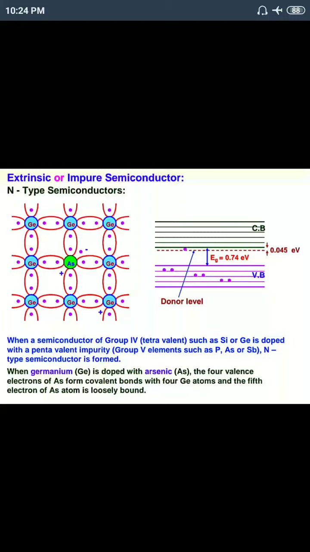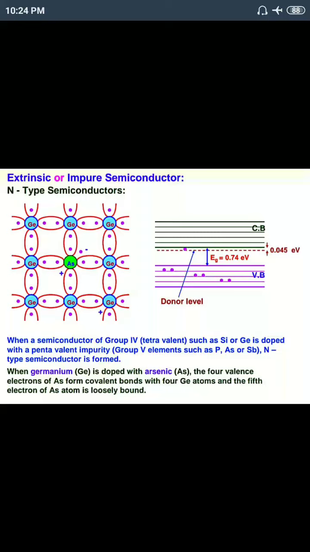But if we dope with a trivalent atom, we get a crisis of electrons, that means one hole is created inside the lattice. That type is called a p-type semiconductor. P means positive because holes are more than electrons, and N means negative, electrons are more than holes.